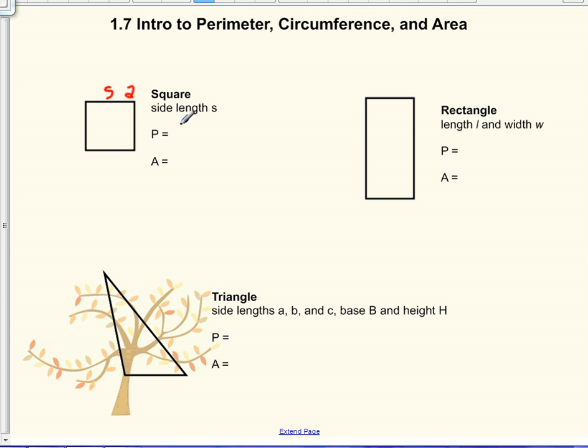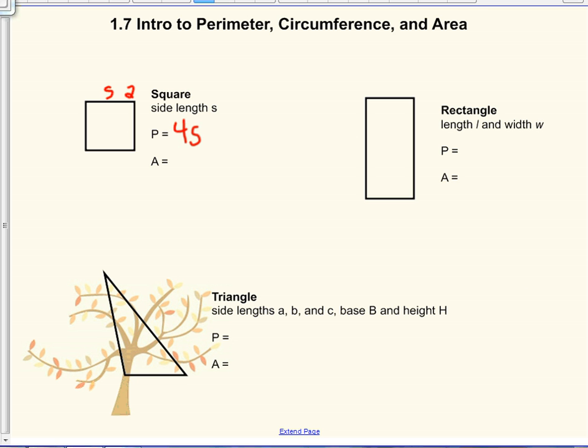All right, so when we're finding the perimeter, we can actually say 4 times S, because in this case, we know that 2 plus 2 plus 2 plus 2 is the same as just multiplying 2 times 4, which in this case would be 8.